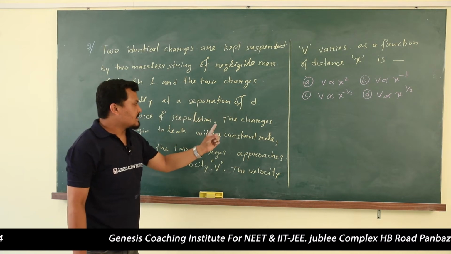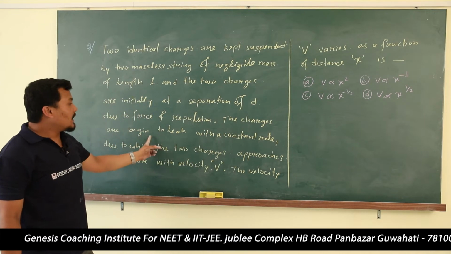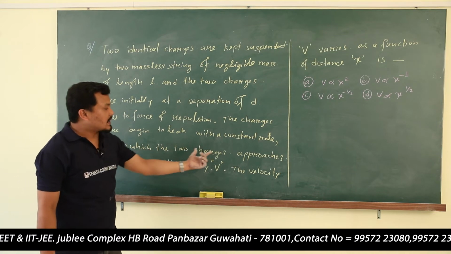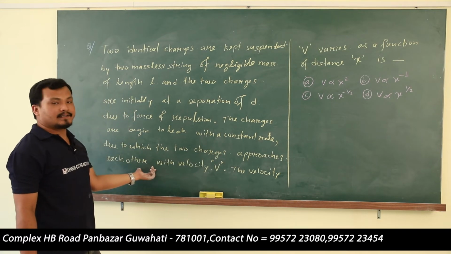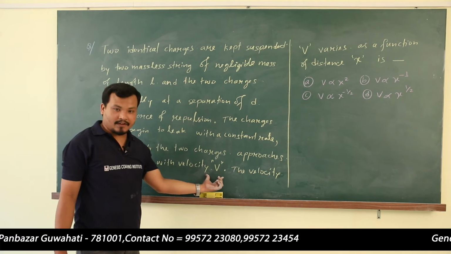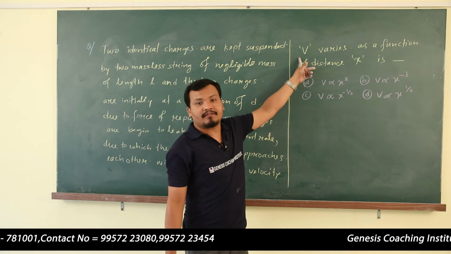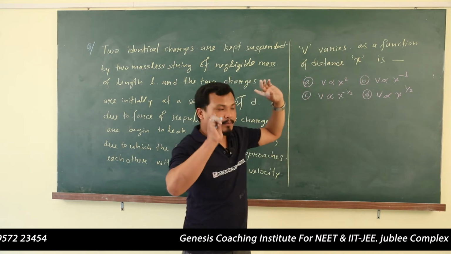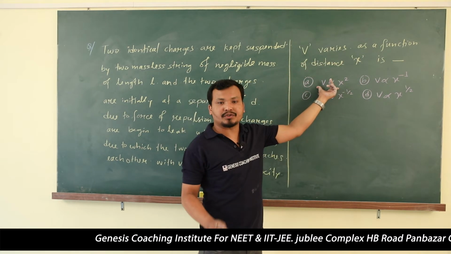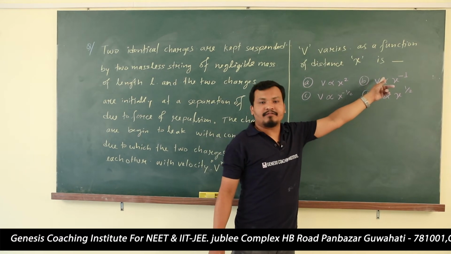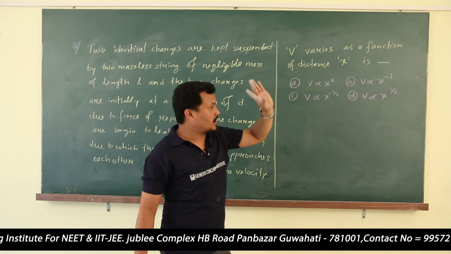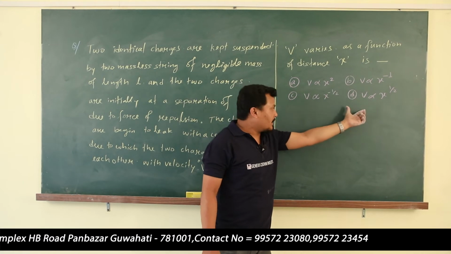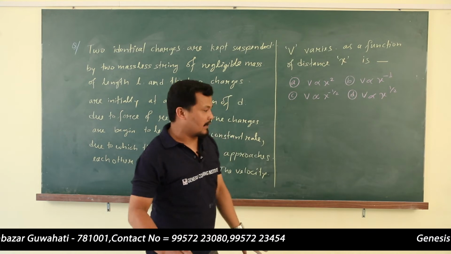Now the second point is, the charges begin to leak at a constant rate, due to which the two charges approach each other with velocity v. The velocity v varies as a function of distance x as: option A, v proportional to x square; option B, v proportional to x to the power minus 1; option C, v proportional to x to the power minus half; and option D, v proportional to x to the power half.